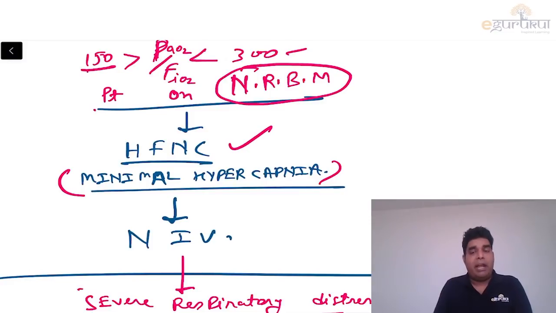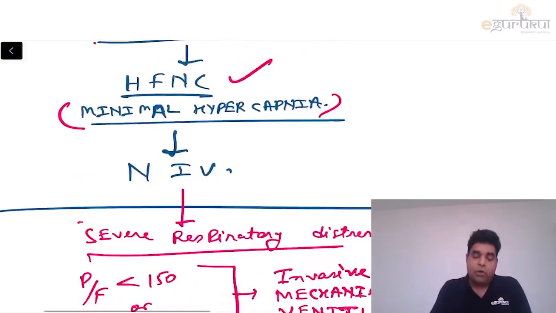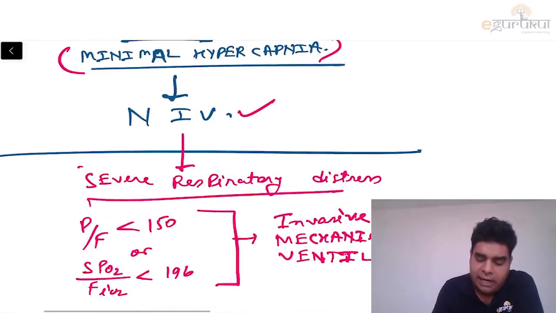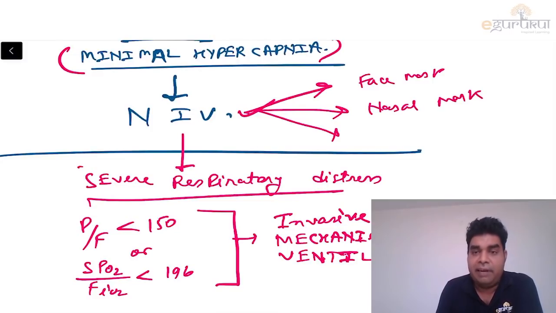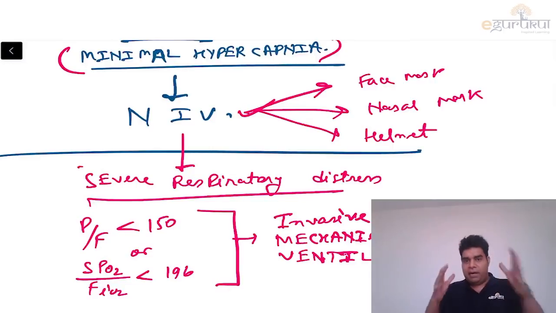But if the carbon dioxide retention is more, if the lung cannot do the function, then we go to non-invasive ventilation. And of course, we just read that non-invasive ventilation can be given by face mask, by nasal mask, or the best way to give non-invasive ventilation is by using helmet. The helmet is the better way.